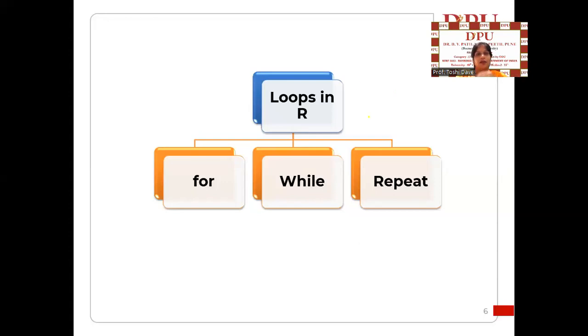So, what are loops? For iteration, for repetition, you require a loop. For example, I want to design a code where I would like to print a mark sheet for a class whose strength is 100.